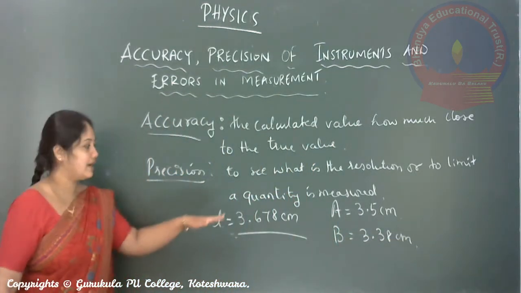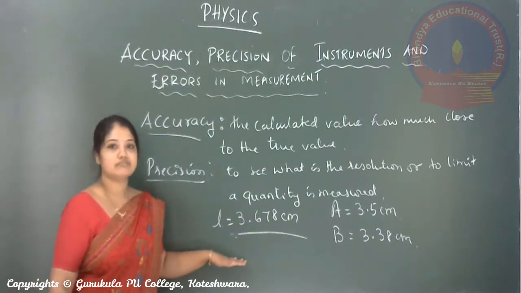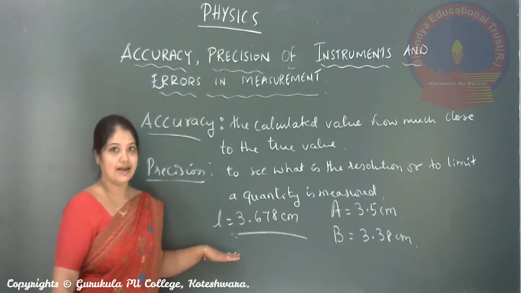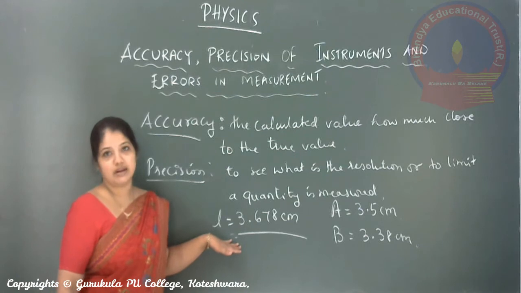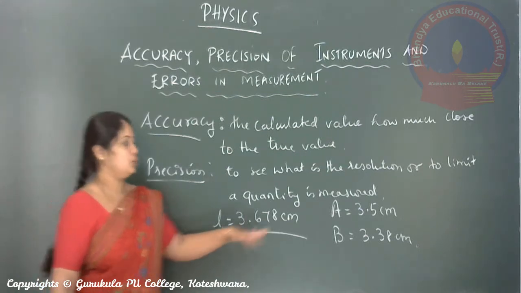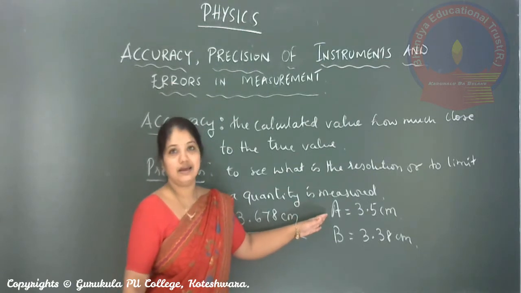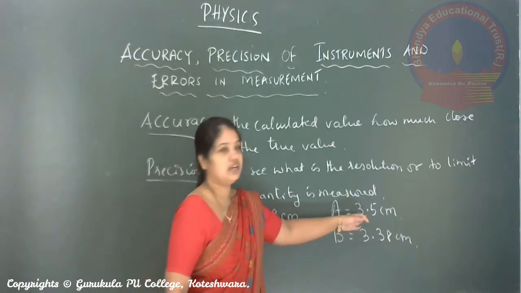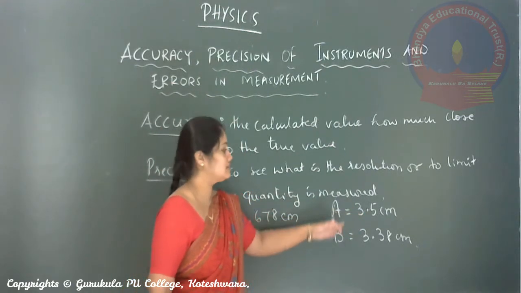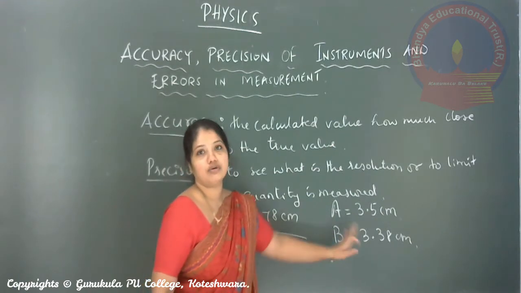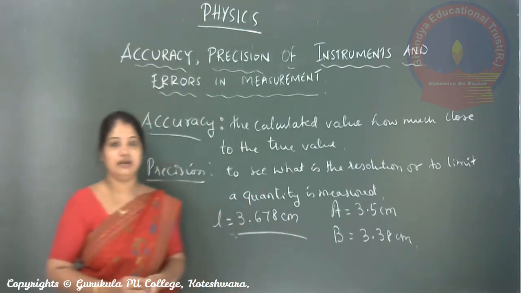I have mentioned that this is my true value, and the experiment was carried out by two persons, A and B. Person A gets 3.5 centimeters and B gets 3.38 centimeter.